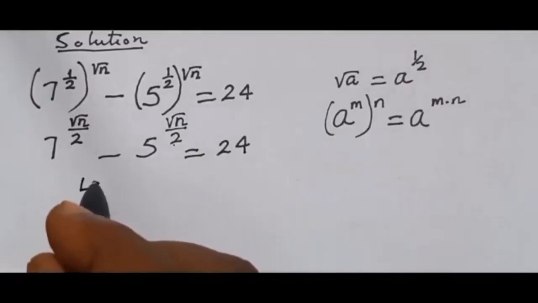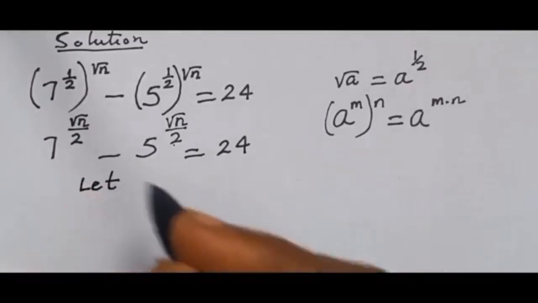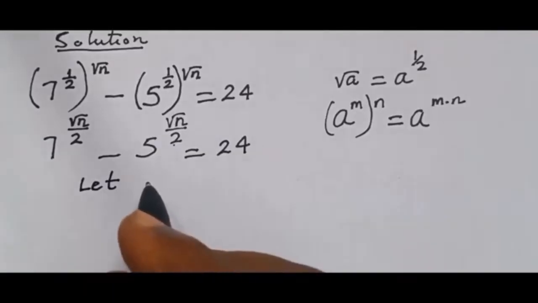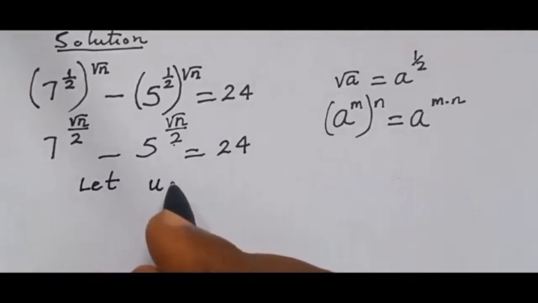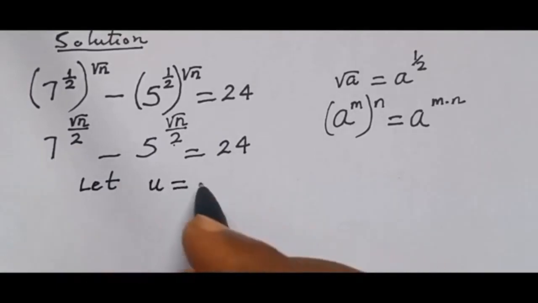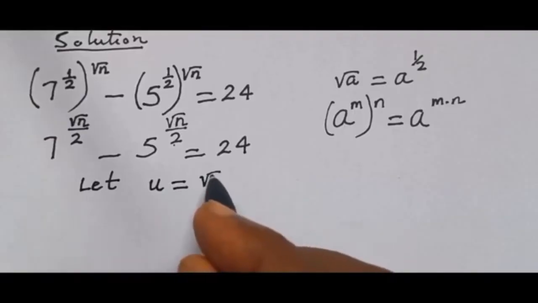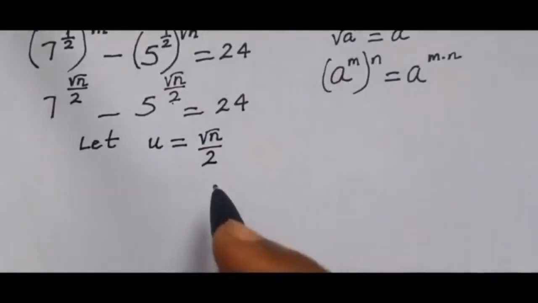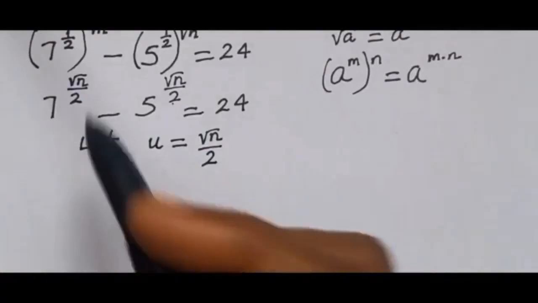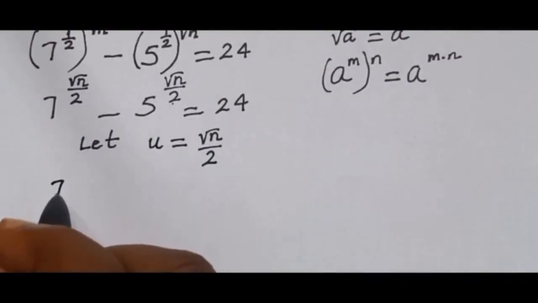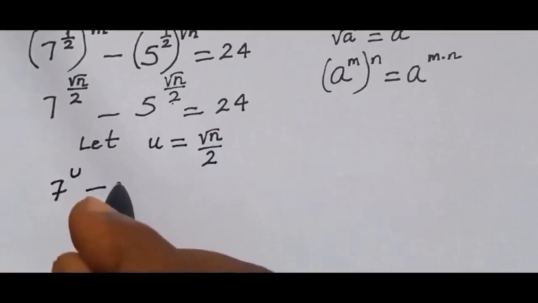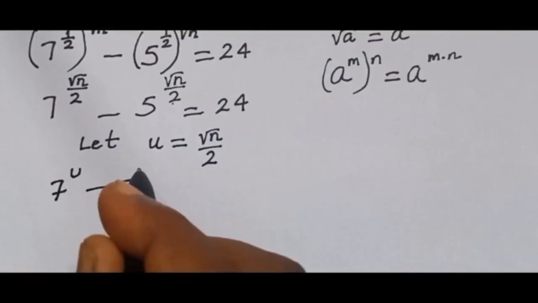Let u equal radical n over 2. So instead of writing radical n over 2 here, we have 7 raised to power u minus 5 raised to power u.